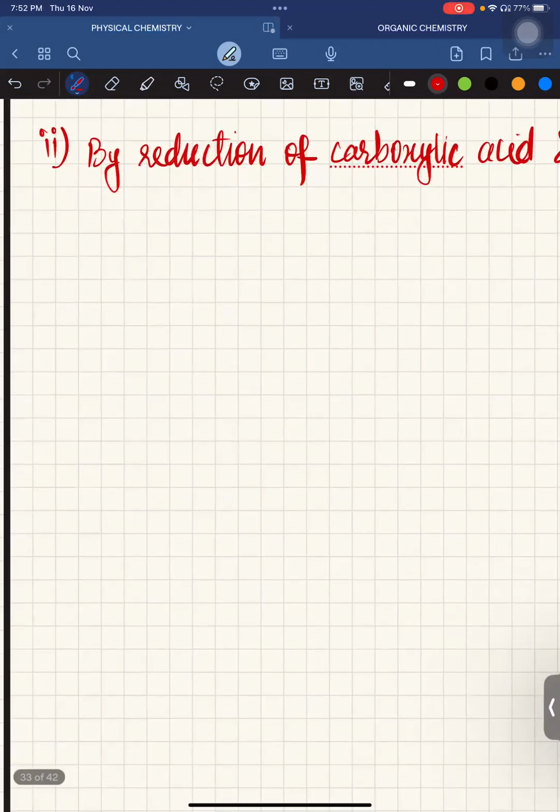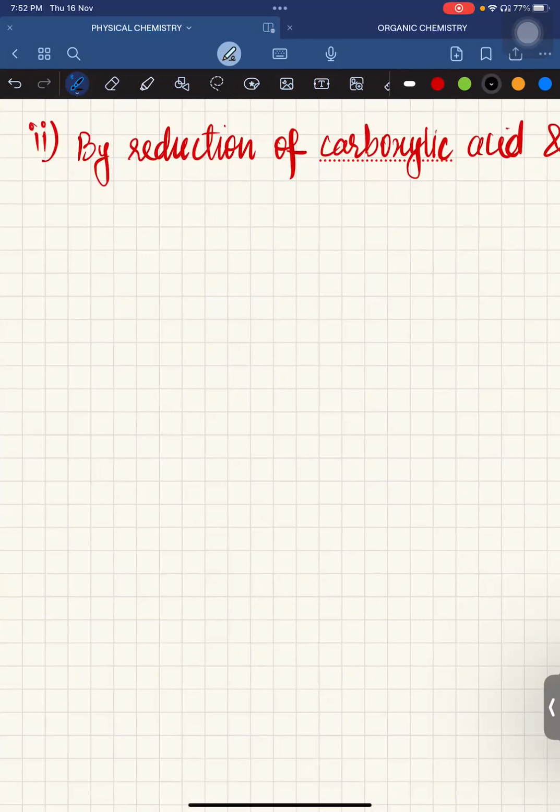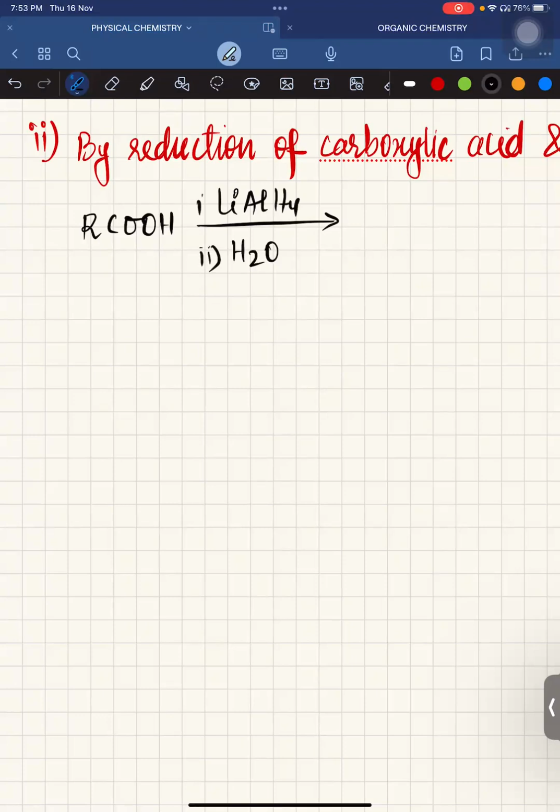If you use a mild reducing agent on carboxylic acid, first it will convert into aldehyde, and then you have to reuse it to convert into alcohol. But if you use a strong reducing agent like lithium aluminum hydride followed by hydrolysis in the second step, it will be directly converted into alcohol, 1 degree alcohol.